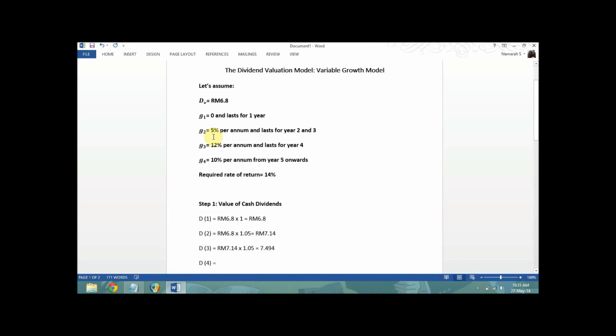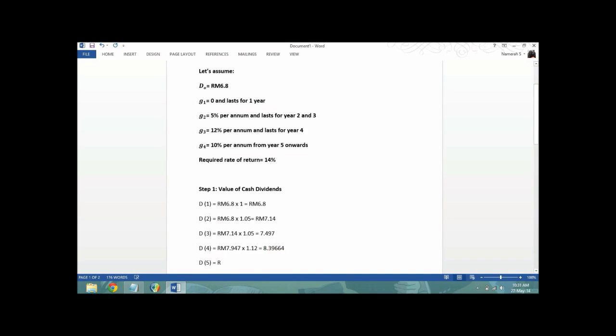The dividend for year 4 is equal to RM 7.497 into 1.12, which is equivalent to 8.39664.